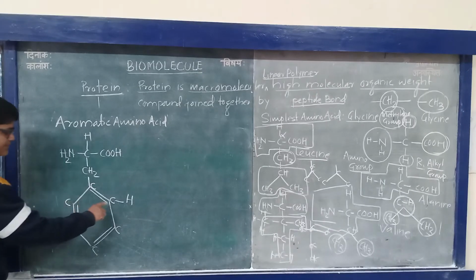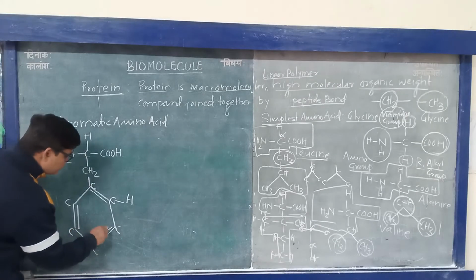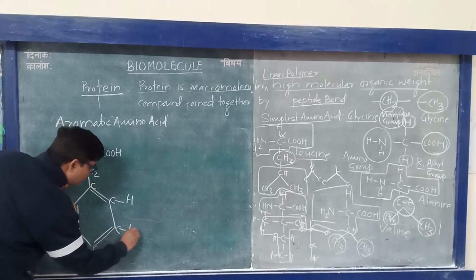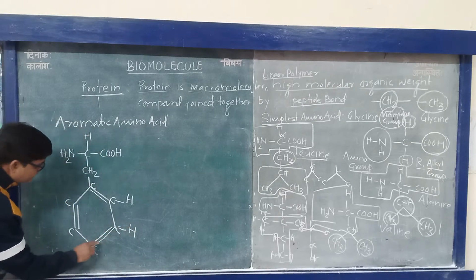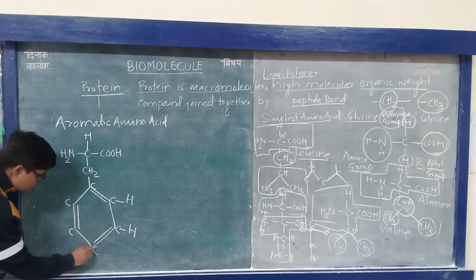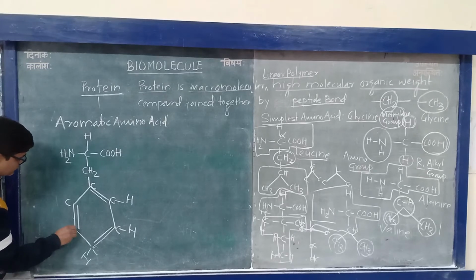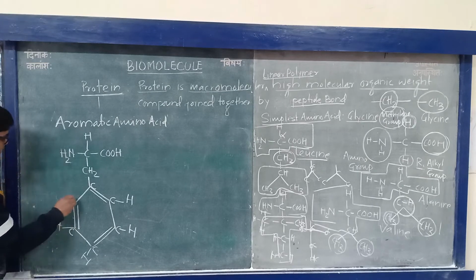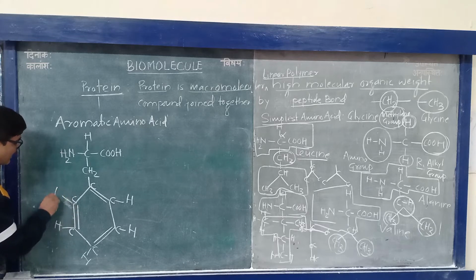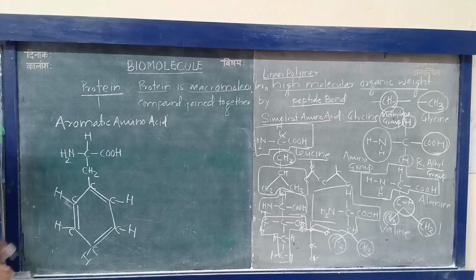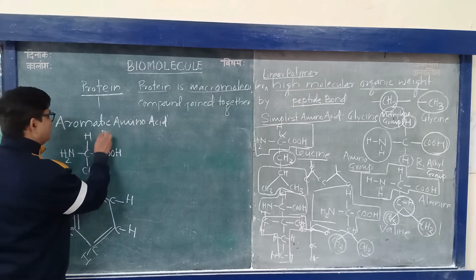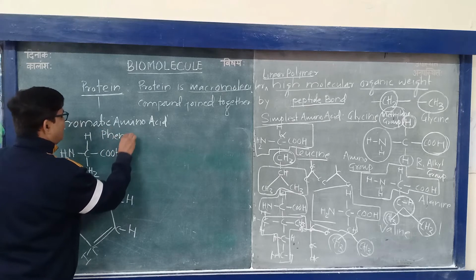Each carbon contains 4 valences, so fill the remaining valences with hydrogen. So that is phenylalanine.